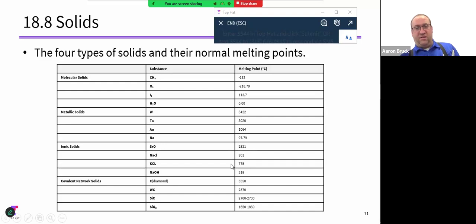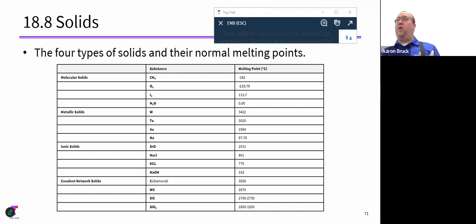And then the ionic solids exist in that middle space where they certainly are not as tightly packed or associated as the metallic ones or the networks are, but they are definitely more attracted to each other and have far better properties than the molecular solids do.